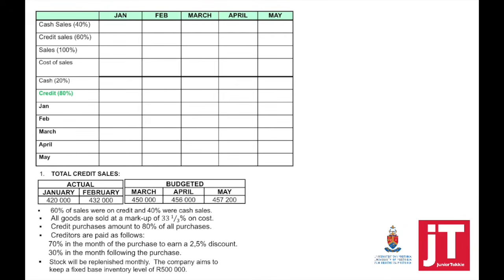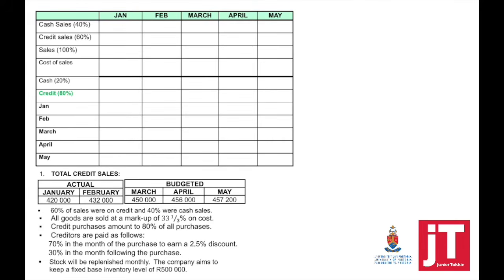Credit purchases amounts to 80% of all purchases, and then creditors are paid as follows: 70% in the month of purchase to earn a 2.5% discount, 30% in the following month, and then stock will be replenished monthly. The company aims to keep a fixed base inventory level of 500,000.